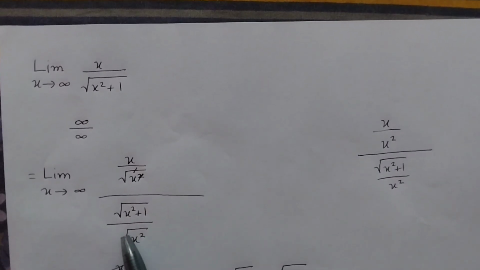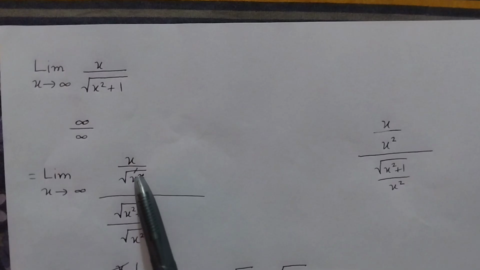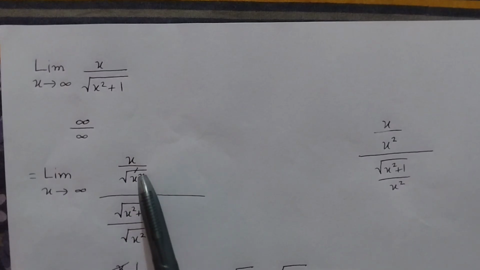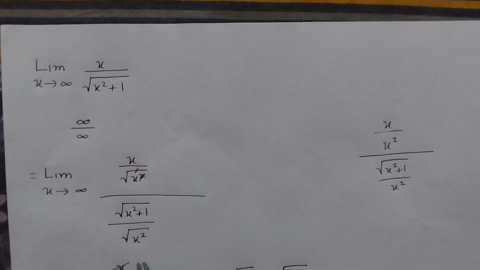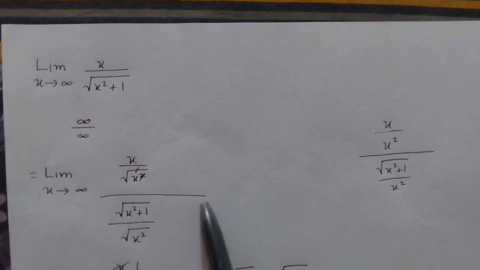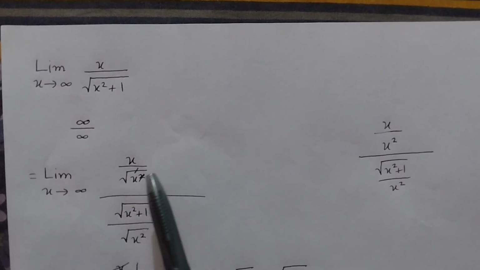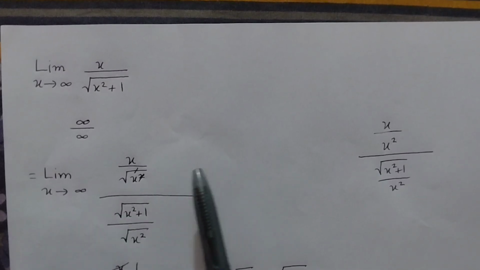So I have divided the given fraction by the square root of x squared, and you'll see how that helps us. In the numerator I have divided by the square root of x squared, and the same in the denominator. So this becomes x over the square root of x squared, divided by the square root of x squared plus 1 over the square root of x squared. We can do that because this doesn't change our fraction.